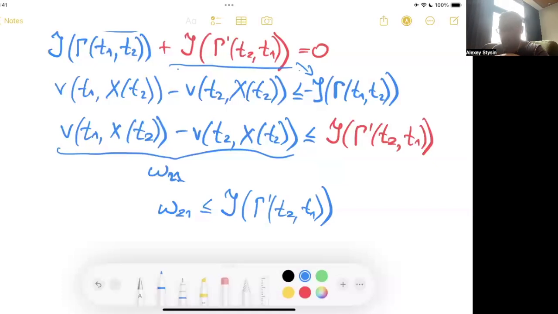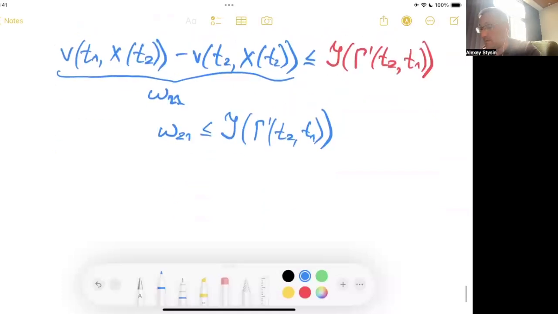And this could be extended basically by induction, that any discrete path would consist of those jumps, right? So this is like going from T1 to T2, and then we can construct those integrals like a curve that goes from here to here to here to here to here and to here.